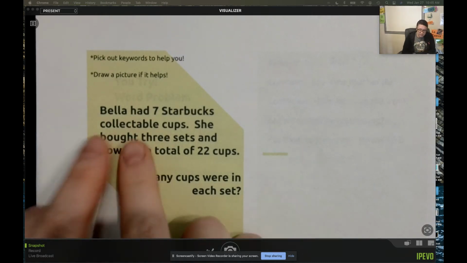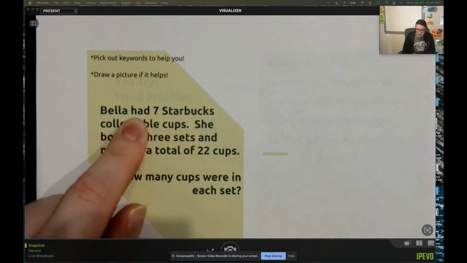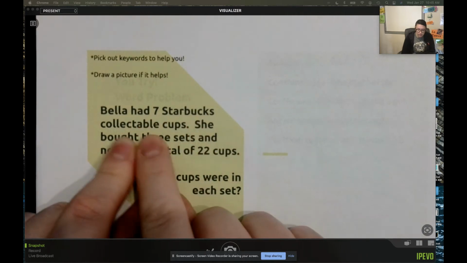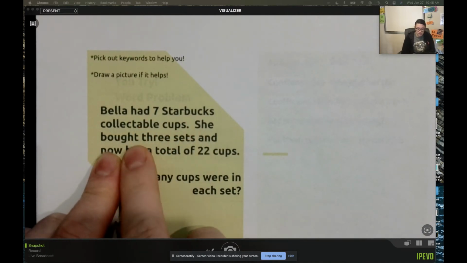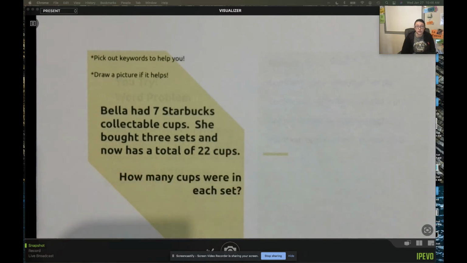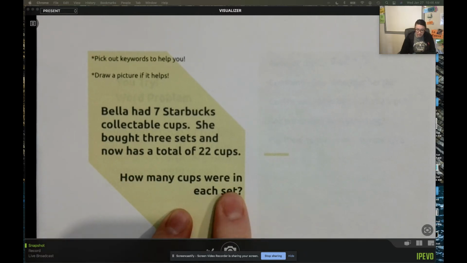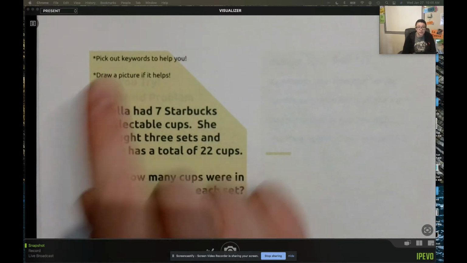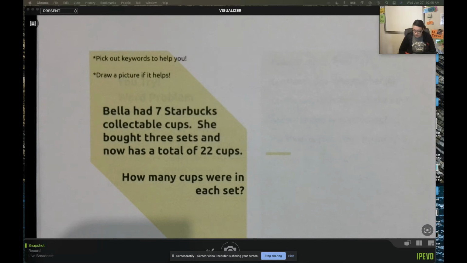This problem says Bella had, past tense, she used to have 7 Starbucks collectible cups. She bought 3 sets and now has a total of 22 cups. So how many cups were in each set? Pick out keywords to help you, draw a picture, whatever is going to be good for you.